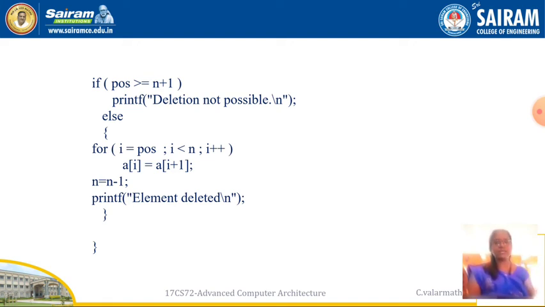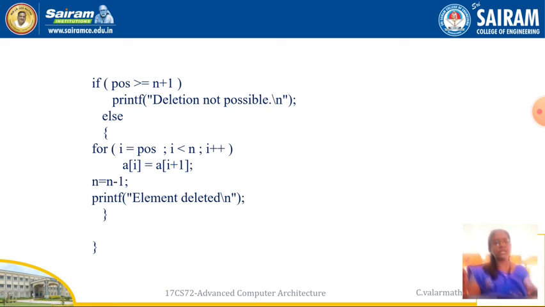So wherever the position is pointing, that position value should be removed. How it is removed: by changing the value of its next location to its present location. Now i is pointing to the position where the element should be deleted.